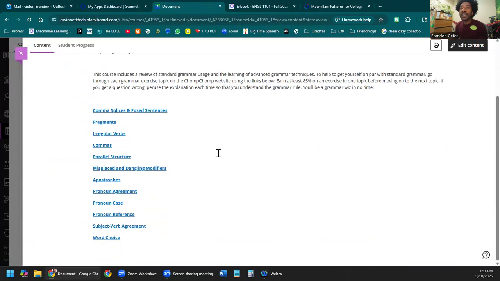You click on that, and I have links to grammar exercises, subjects and grammar exercises, so that if I put this on your paper, like if you have a comma issue, I might say practice some ChompChomp.com for these commas to get commas right. If you notice an error pattern in your writing, practice on ChompChomp.com.